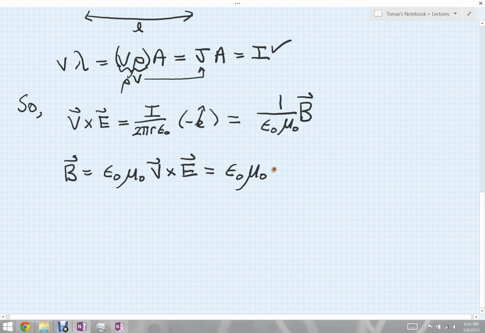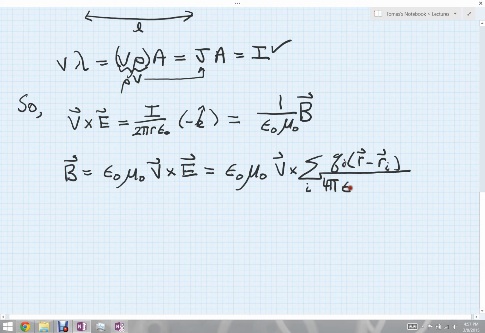So epsilon naught mu naught times V cross, and if I write down the formula for E, you remember in Cartesian form it's the sum on i, Qi, location R minus Ri, divided by, it's like a point charge, 4 pi epsilon naught, and then it's R cubed on the bottom to make the overall R squared dependence, R minus Ri cubed.